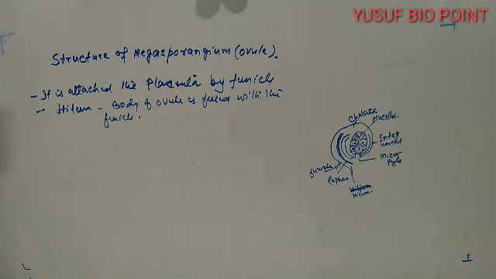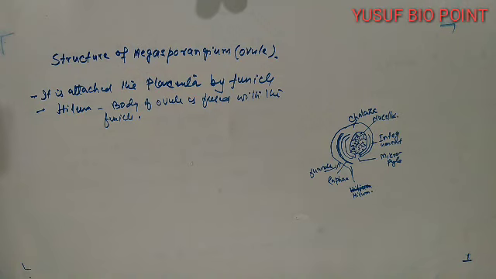They are haploid in nature, and although they are 4, so they are called megaspore tetrad. Now out of this 4, 3 degenerate. Only 1 megaspore survives.